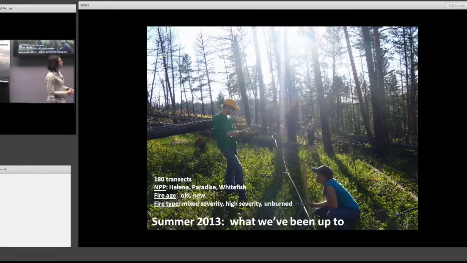We're looking at the pollinator and plant-pollinator interactions along each of these sites. We've been quite busy identifying things and still processing a lot of these data.